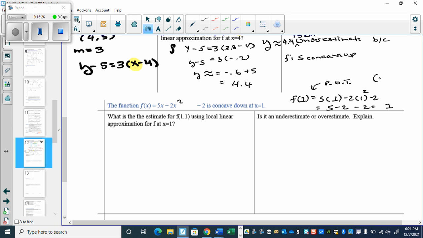So my point of tangency is 1, comma 1. My equation here is y minus 1 equals m times x minus 1.